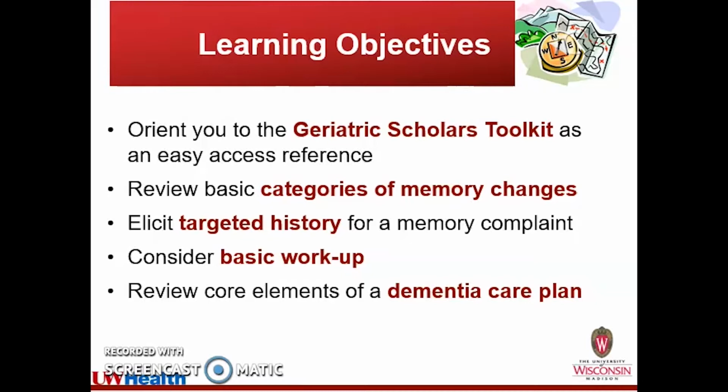We're going to talk about three categories, or three basic buckets, if you will, that represent different types of memory complaints that would be present. Focus on some key aspects of history, some basic elements of workup, and finally finish up by talking about some core aspects of a basic dementia care plan.